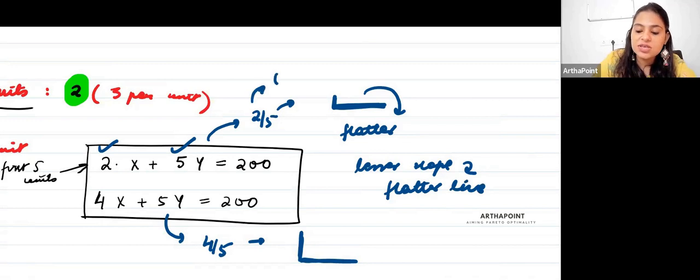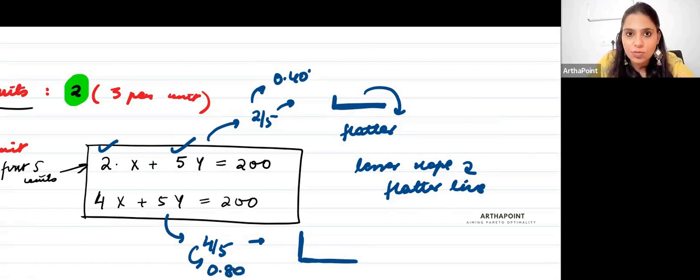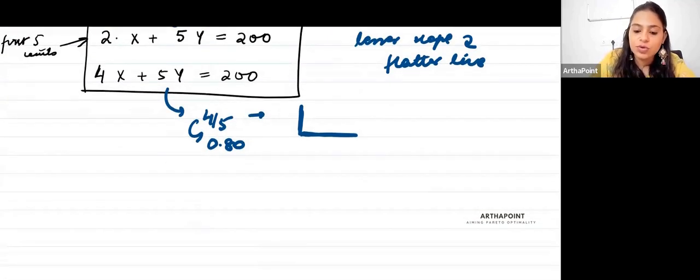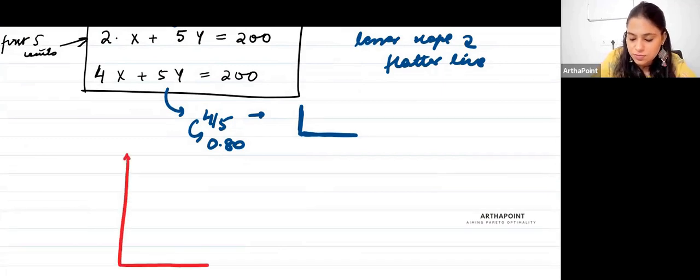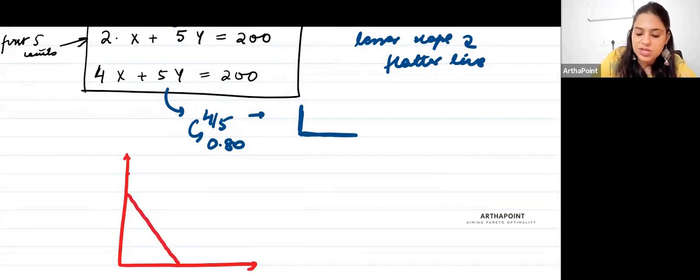Here slope is 0.40, 2 divided by 5. Here slope is 0.80. So if I have to draw this, suppose this is my initial budget line. It was like this. I had 50 here and 40 here.